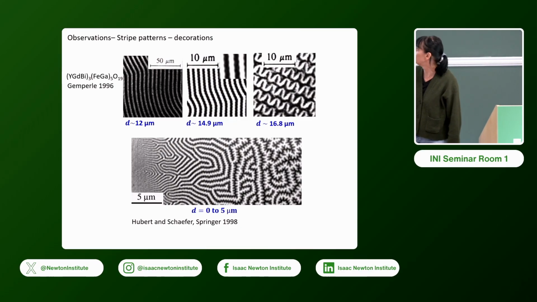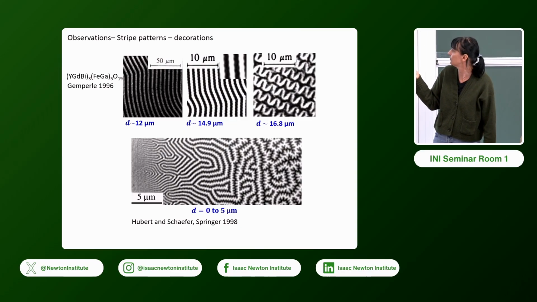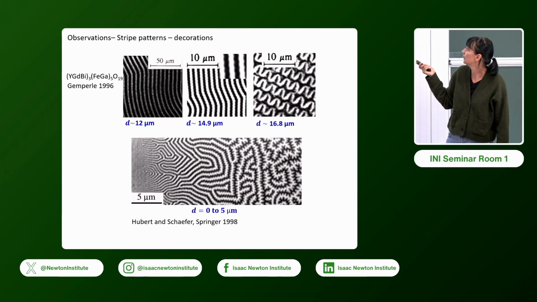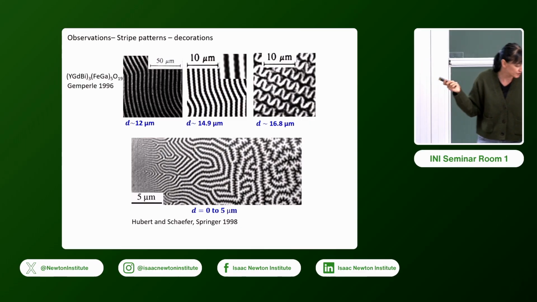So this is an observation in a single material. You see a progressive increase of the thickness. The stripes start to undulate and more. This is also what you see on a wedge.